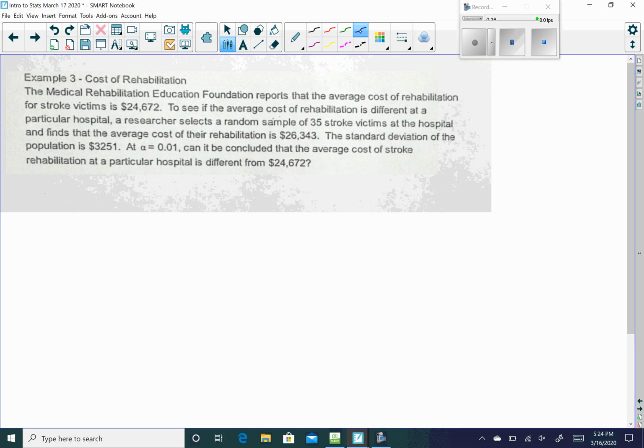So good news is we don't have the raw data. Everything is found for us. So step 1 is that our null hypothesis is that mu is going to equal this 24,672. Alternative hypothesis is that mu is going to be something different than the 24,672. So this is our claim.